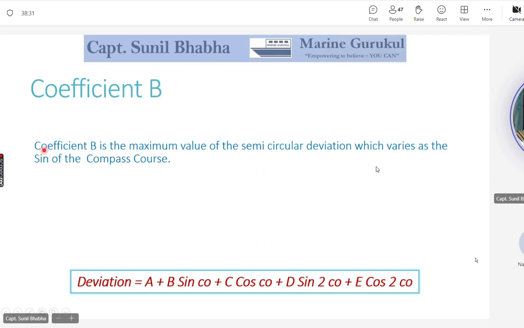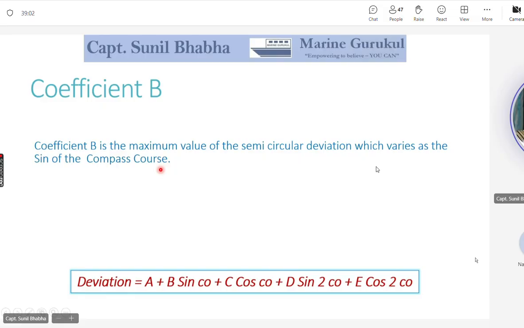The definition says coefficient B is the maximum value of the semicircular deviation which varies as the sine of the compass course. Now in the formula which I gave you, what is that part which varies as sine of the compass course?